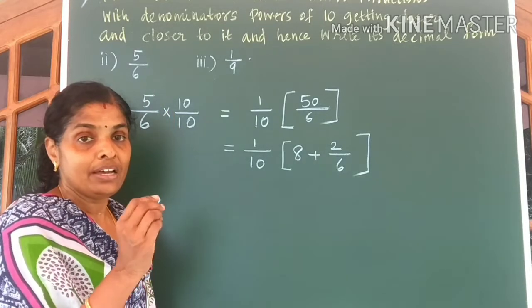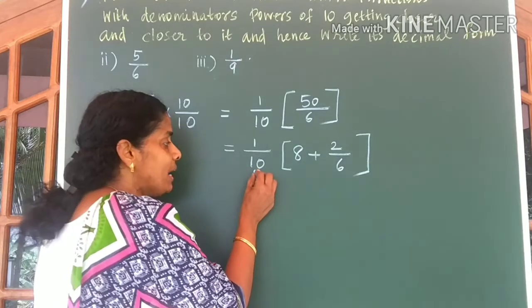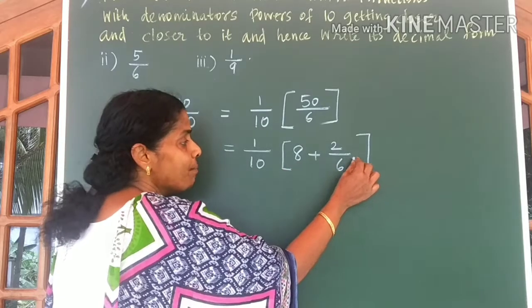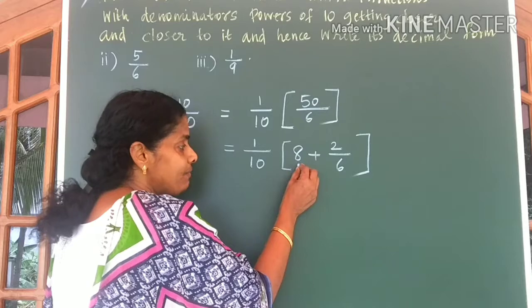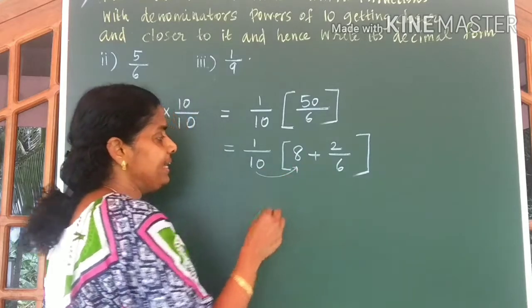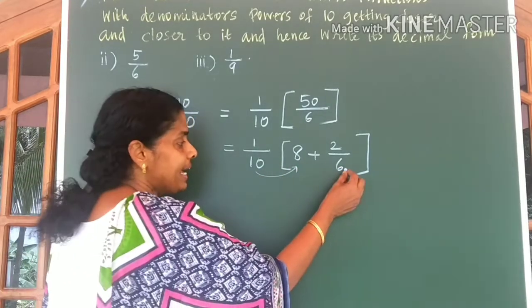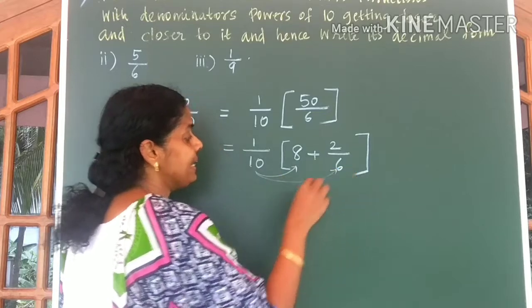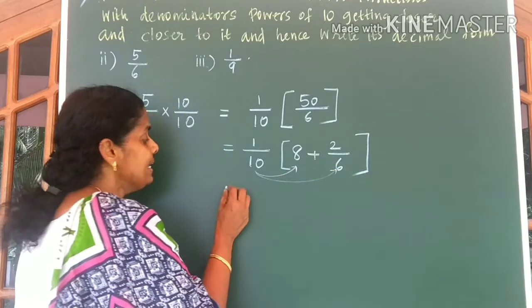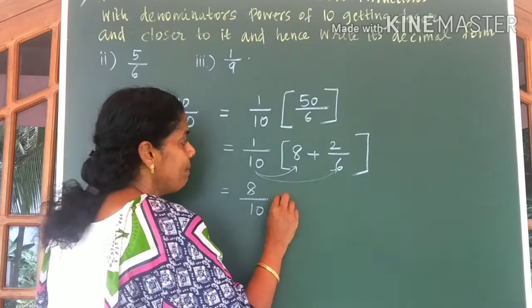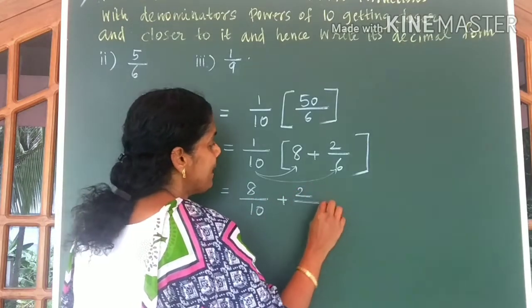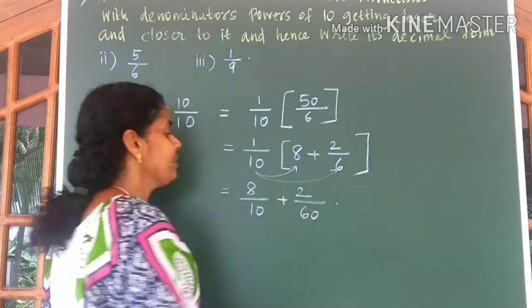Is it clear? Next, 1 by 10 is common for both these terms. So let us multiply the first number with 1 by 10 and then the next number with 1 by 10. So what do you get? This is equal to 8 by 10 plus 2 by 60.